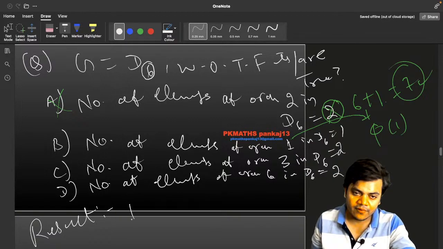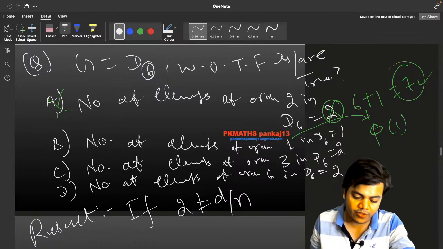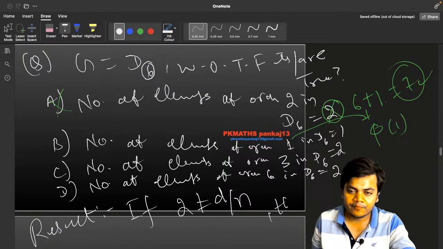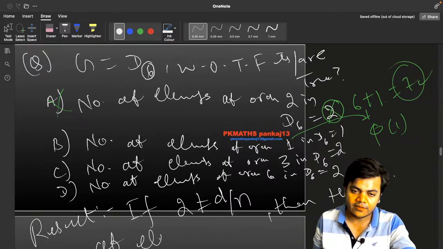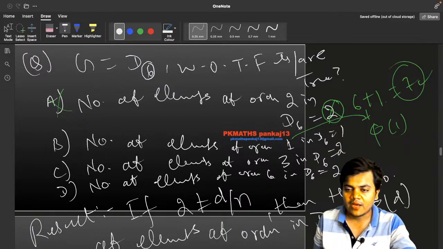The result is: if d is not equal to 2 and d divides n, I mean to say, when d divides n and you are not getting 2, then the number of elements of order d in Dn is equal to φ of d, है ना?